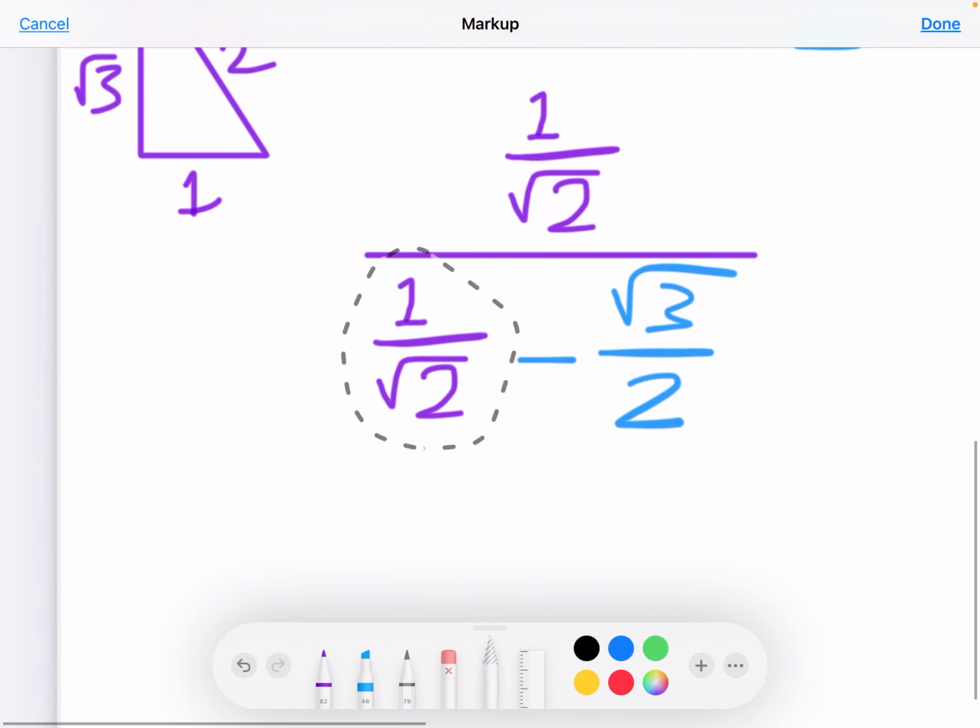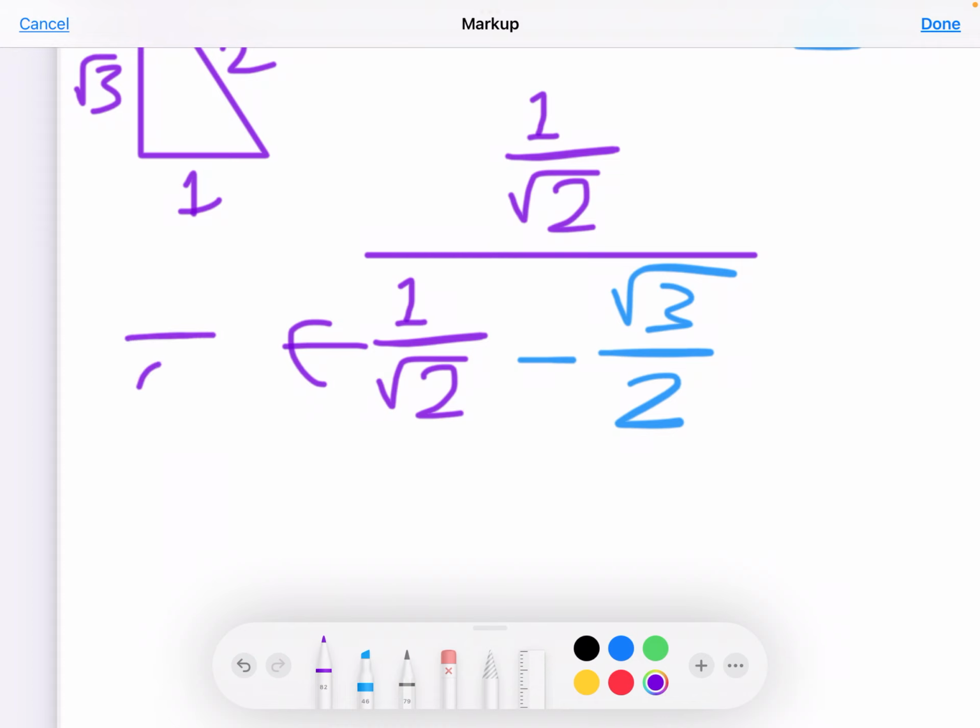With 1 over square root 2, we can rewrite this as 2 over square root of 2 over 2 if we multiply both numerator and denominator by square root of 2.